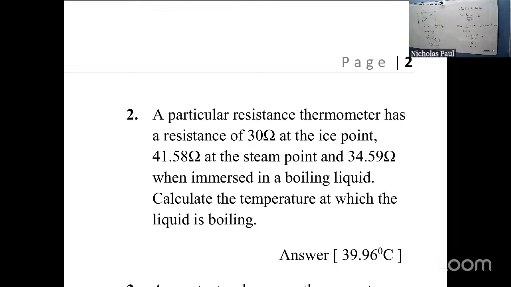Work it out yourself and make sure you get it. I get 97.